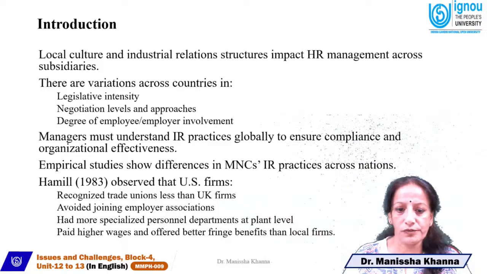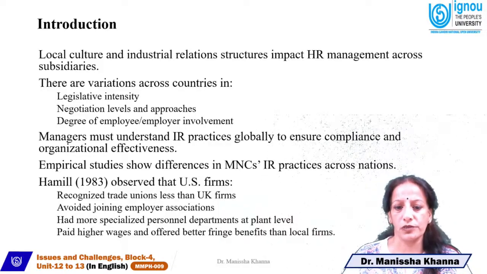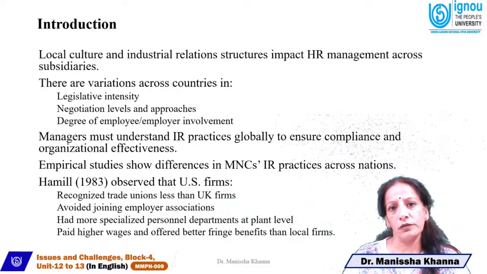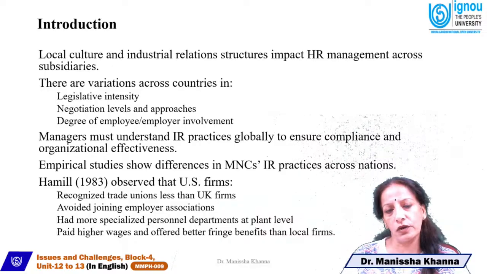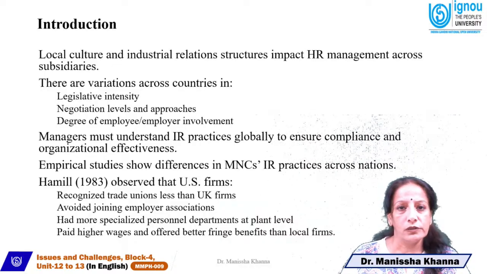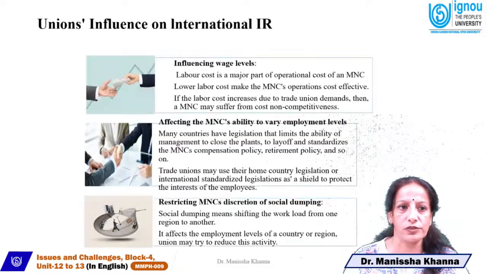The US firms have more specialists and experts in their personnel departments at plant level, because there the trade unions are much more dominating, much more prominent. They paid higher wages and offered better fringe benefits than local firms.